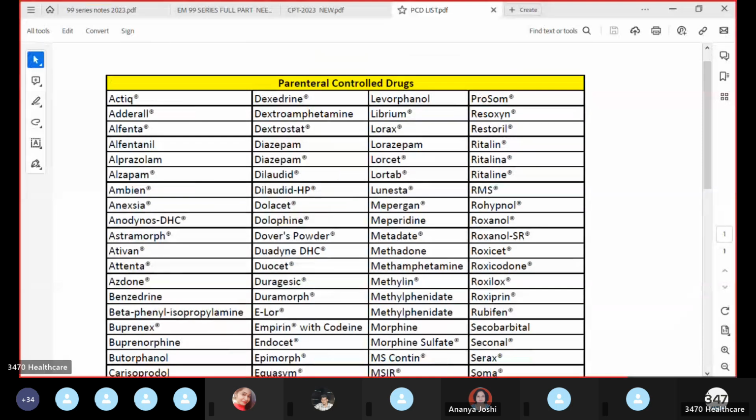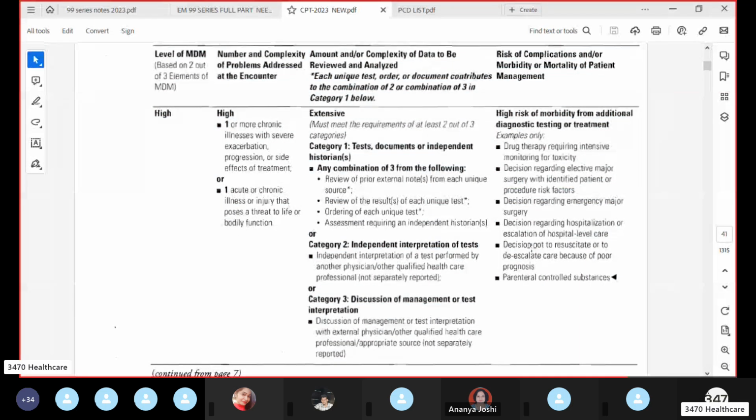Okay, please go through this. Whatever drugs are present in this list, those drugs given through IV or IM, please remember intravenous and intramuscular, then your risk will be high.